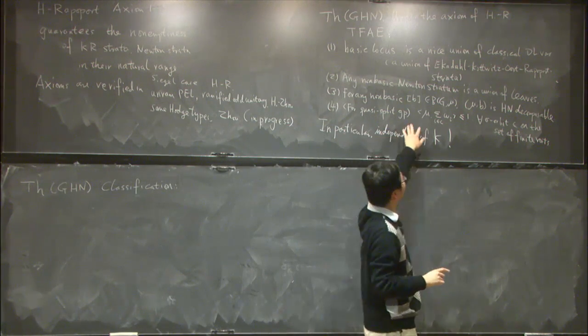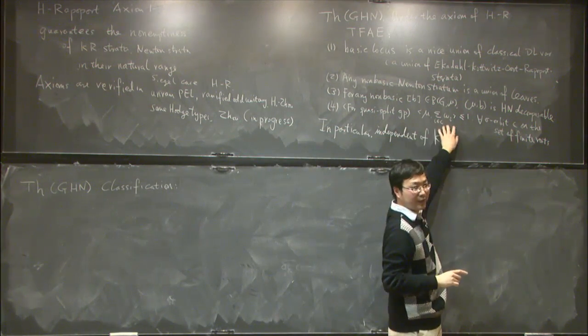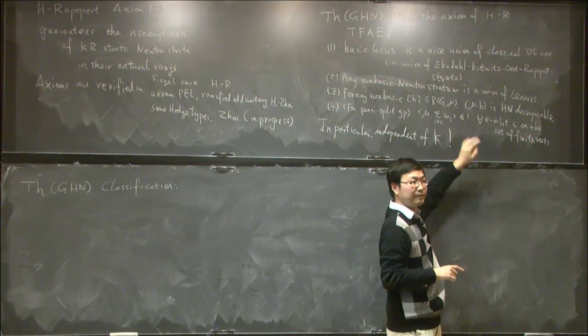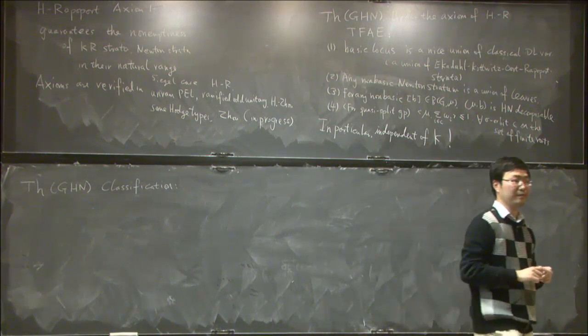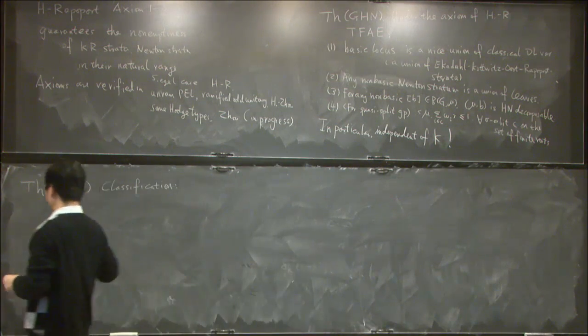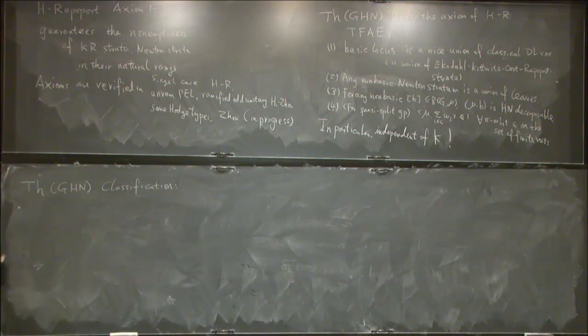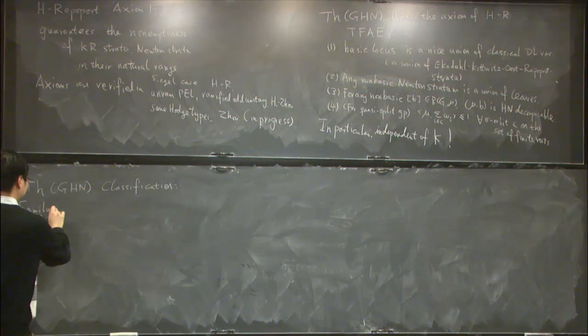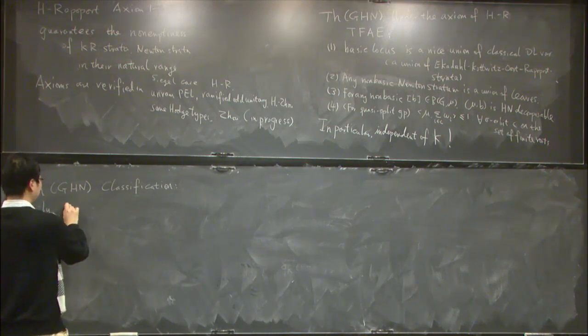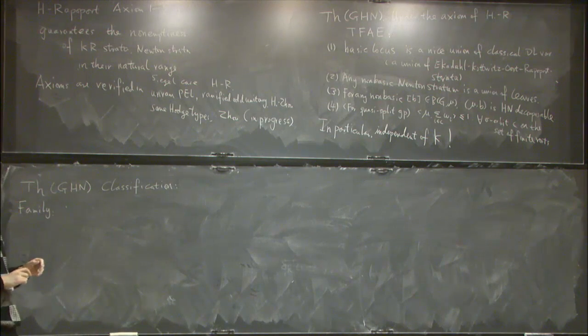Because this is a purely group theoretical condition, and one can check this very easily case by case. So when does this happen? So we have the family. The family is either unitary or orthogonal.